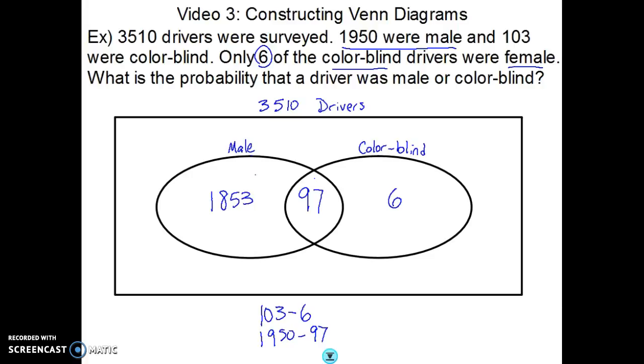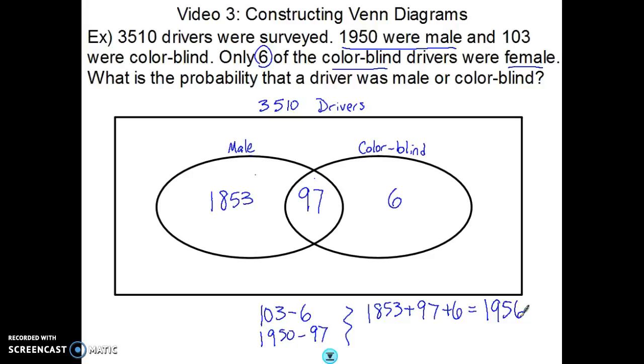What is the probability that a driver was male or colorblind? So the drivers who are male or colorblind are just the 1,853 plus the 97 who are both plus the 6 who are colorblind. So 1,853 plus the 97 plus the 6. This adds up to 1,956.